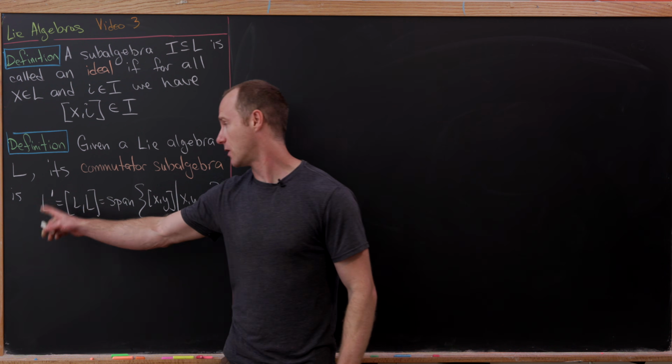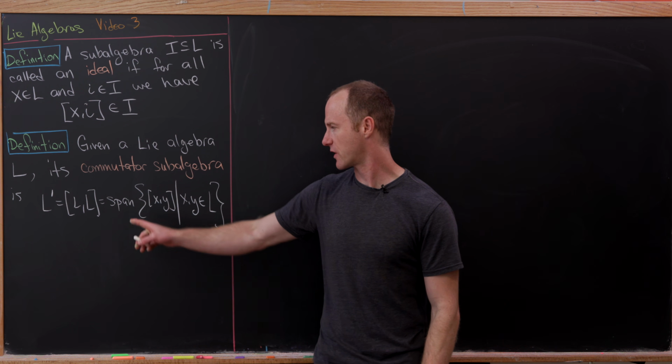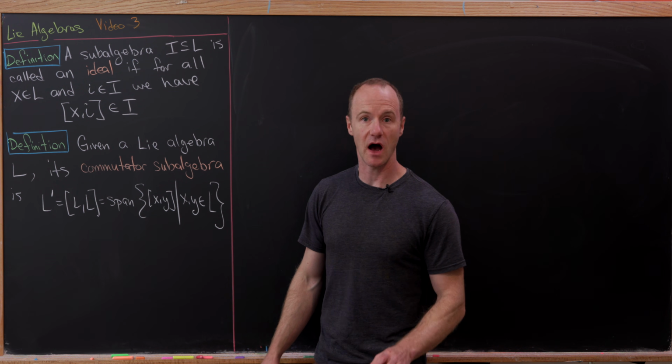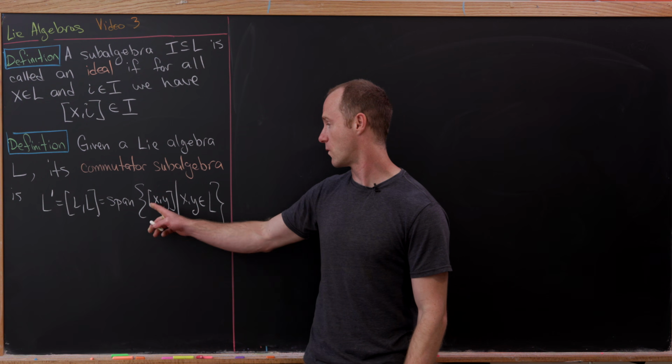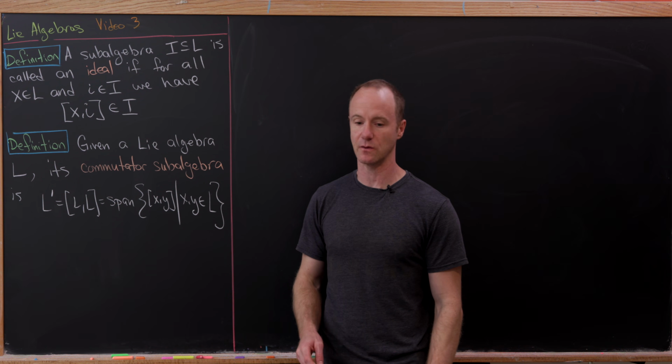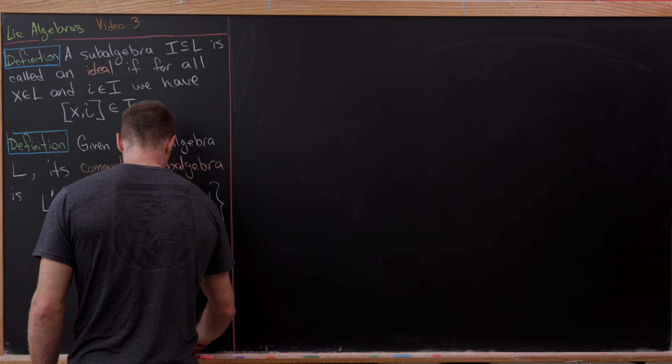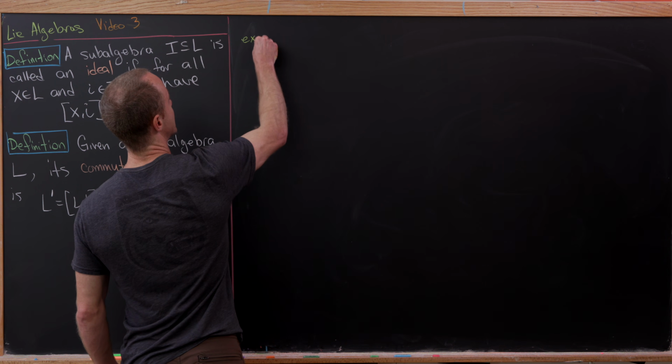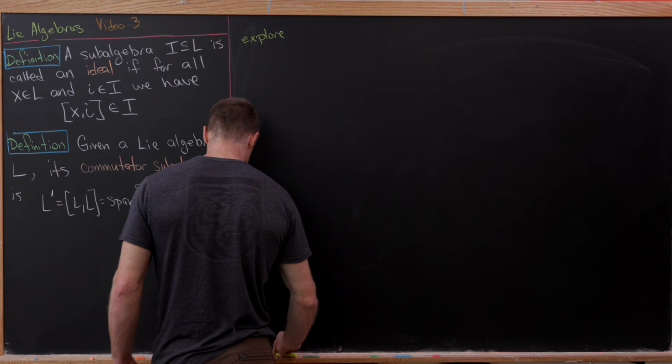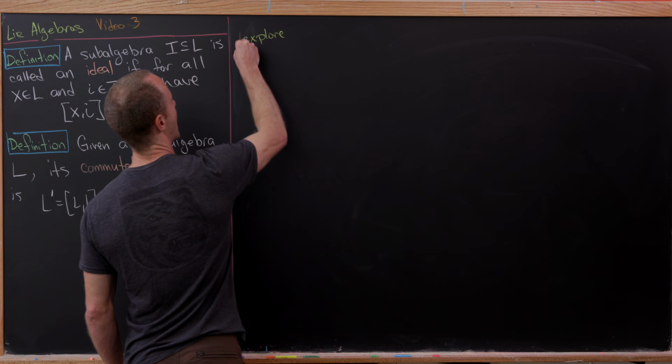Like I said, L prime is bracket LL. In other words, it's the span of all elements of the form bracket XY, where X and Y come from L.